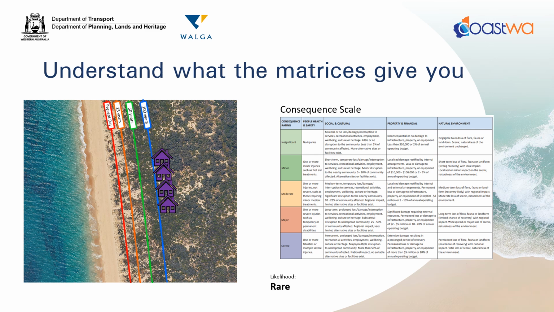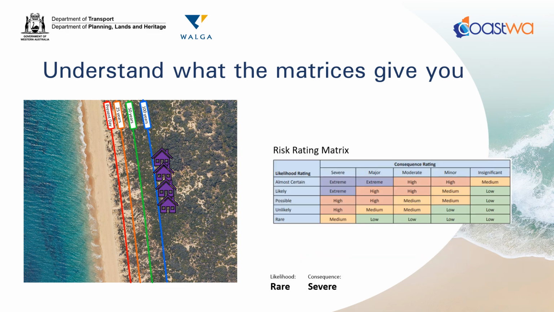And when you read through the various elements of this consequence scale, it comes down as severe because it's saying that you've got extensive damage resulting in a prolonged period of recovery to property and financial, and that infrastructure, property or equipment of more than $5 million or 20% of the annual operating budget would be expended. So if we've got a subdivision near the coastline, we're going to be more than $5 million. So that's how that consequence of severe comes about.